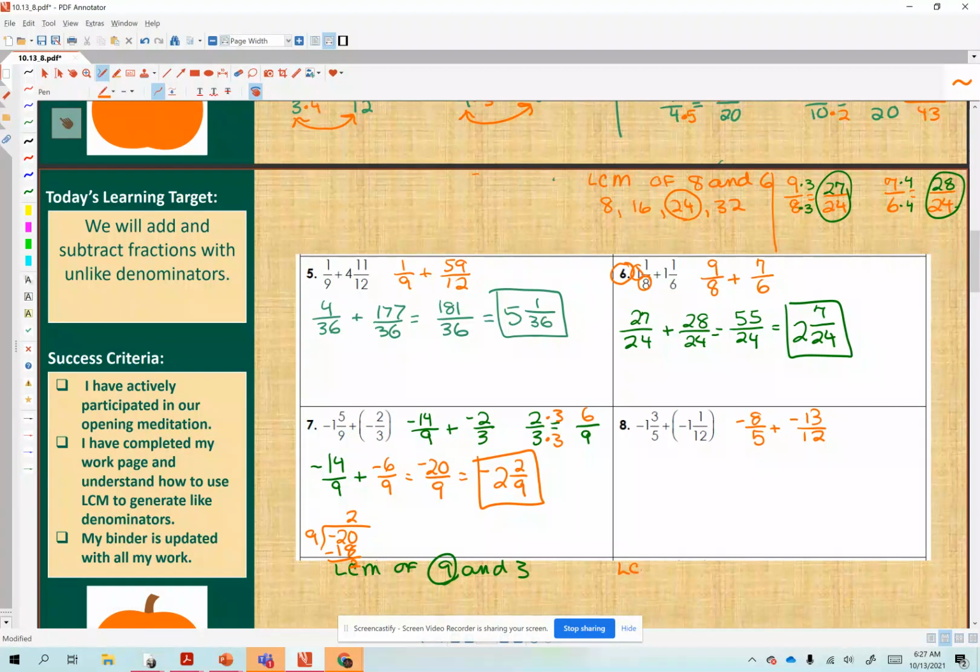Now we need an LCM, a least common multiple, of 5 and 12. Let's look at the multiples of 12. They are 12, 24, 36, 48, 60. And I know that 60 is also a multiple of 5. So 60 will be my new denominator.